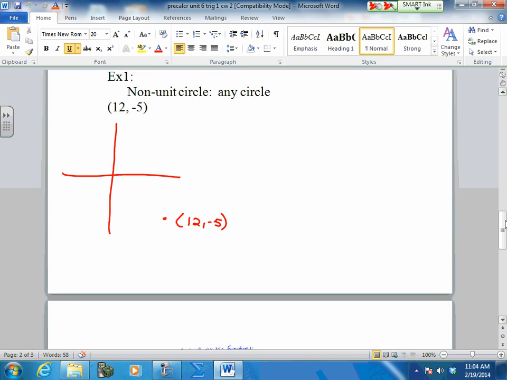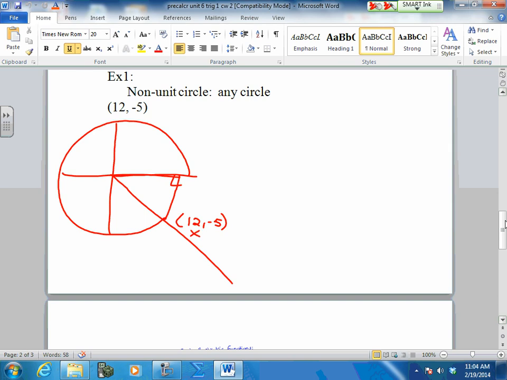Agreed? All I'm doing now is looking, where is this point located? So now, I'm going to start my angle here. I'm going to rotate counterclockwise and end it right there. There's my terminal side. But remember my big bow tie. My bow tie comes up to the x-axis.